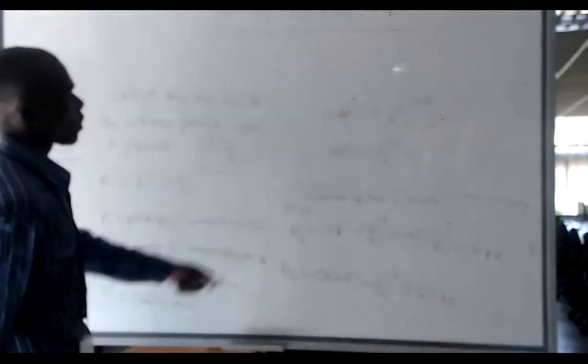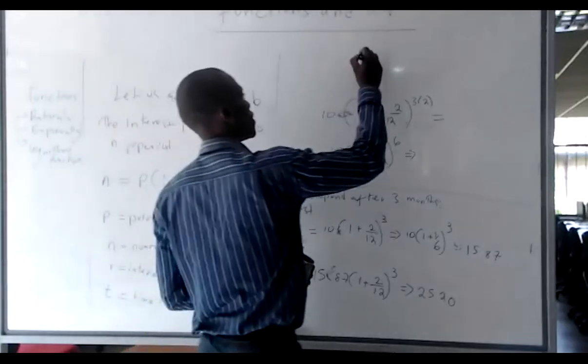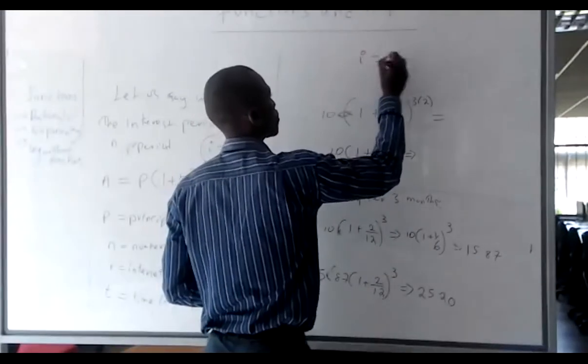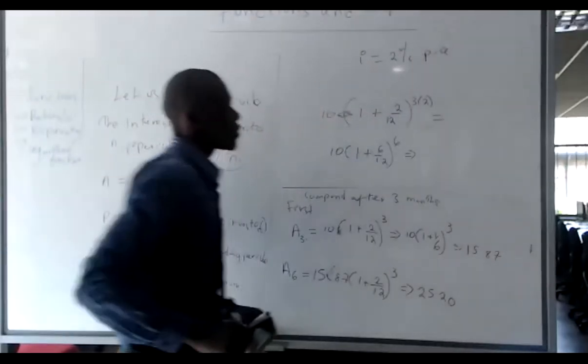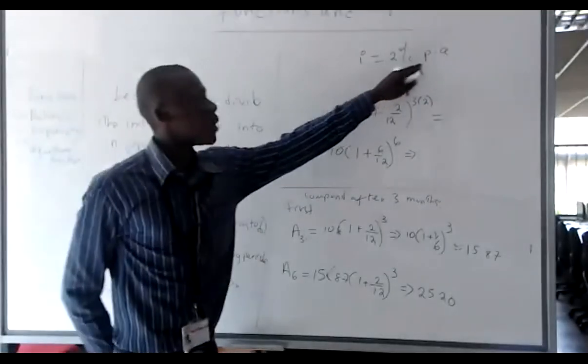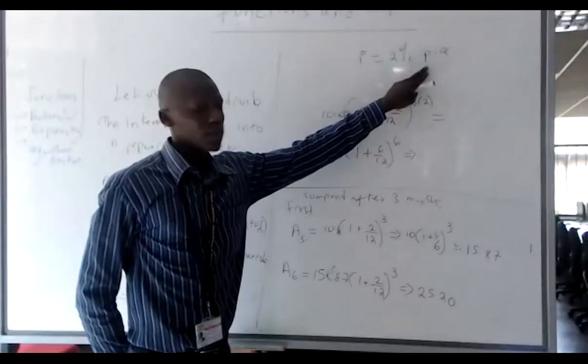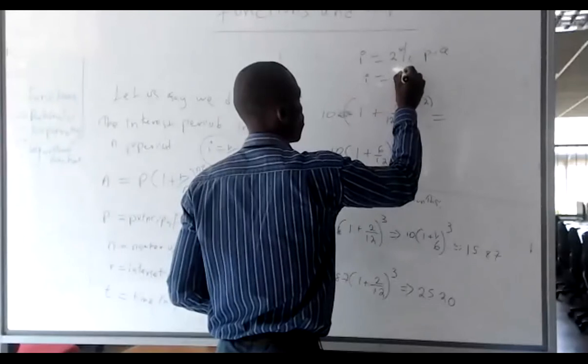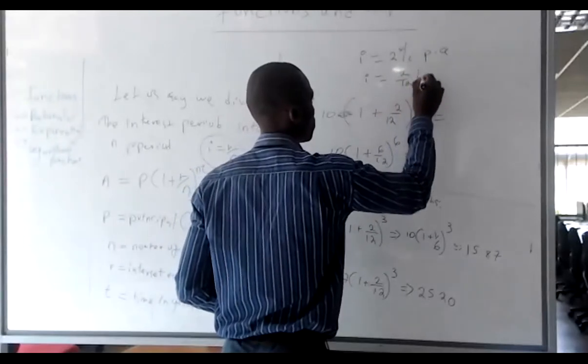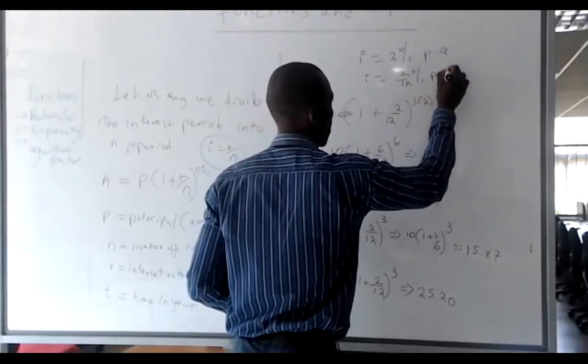I now get it. So the initial interest rate was 2% per annum. Now we're dealing with an interest rate of 2 divided by 12% a month.